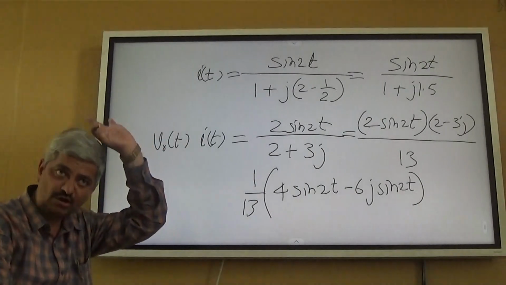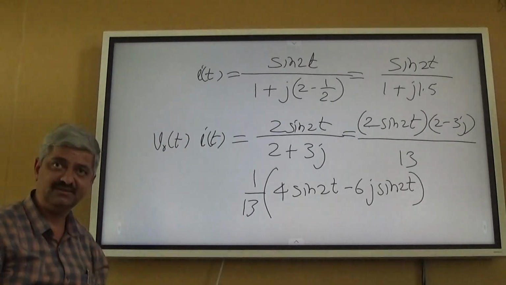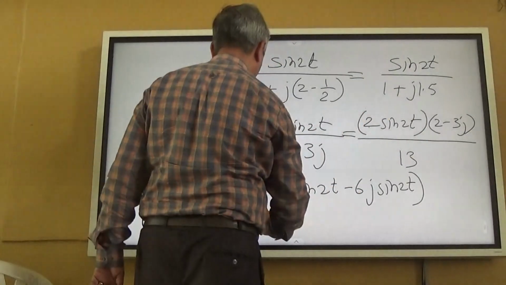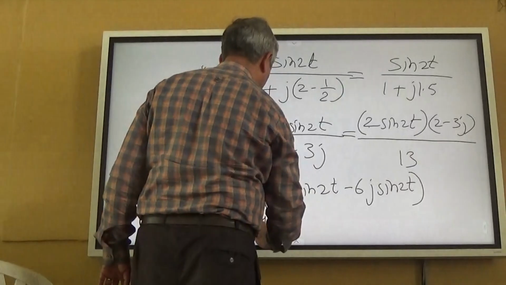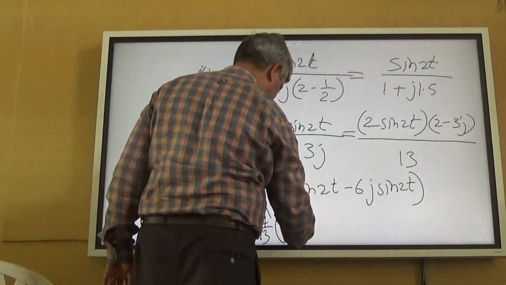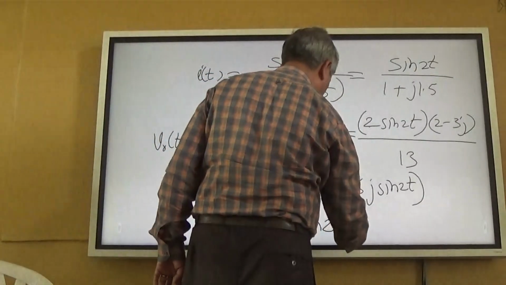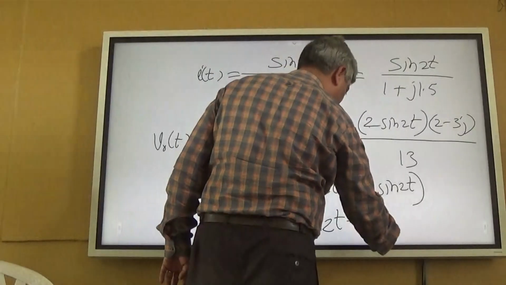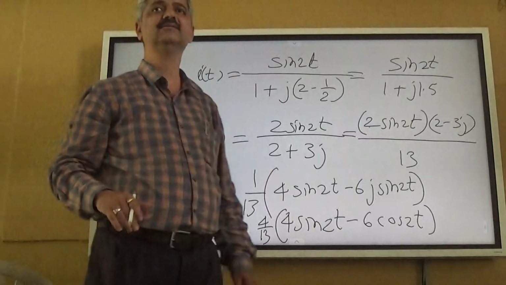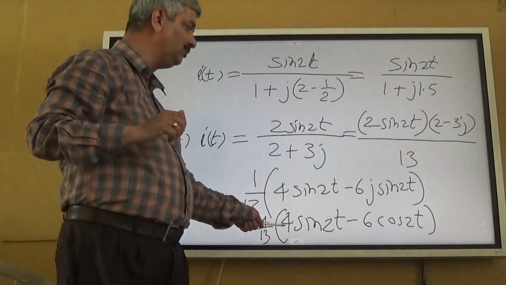It is always real. ऍक्च्युअल व्होल्टेज हे रिअलच असतं. तर त्यामध्ये जे साइनला कॉस रिप्लेस करायचा. सो 4 upon 13 into bracket 4 sin 2t minus 6 cos 2t.